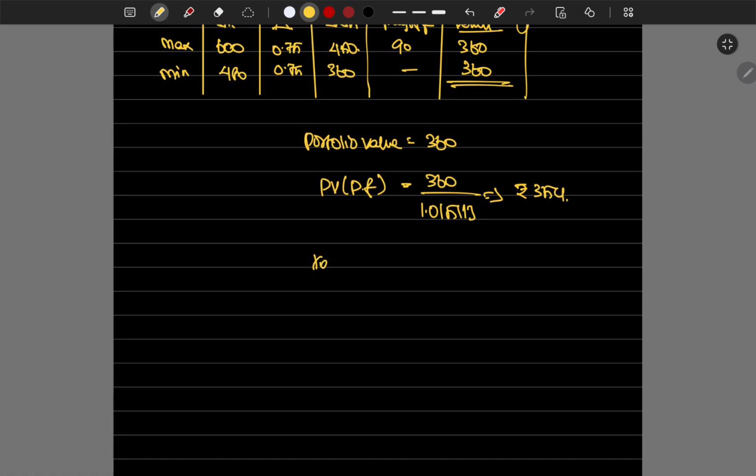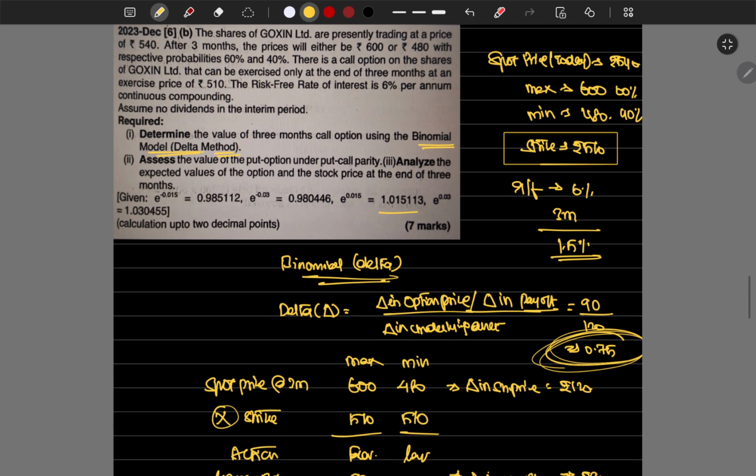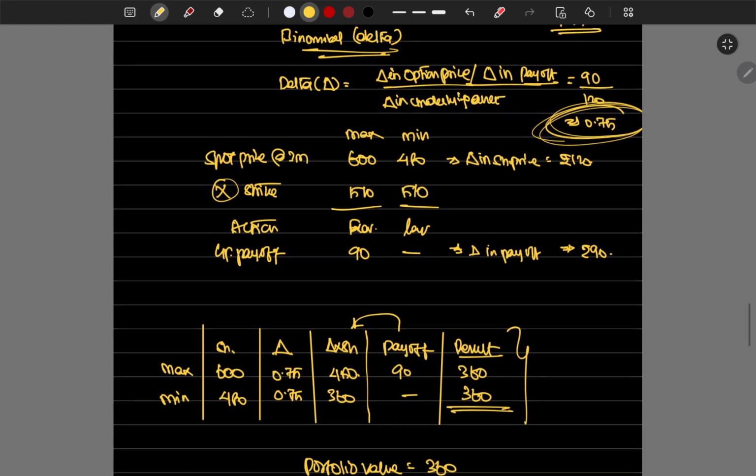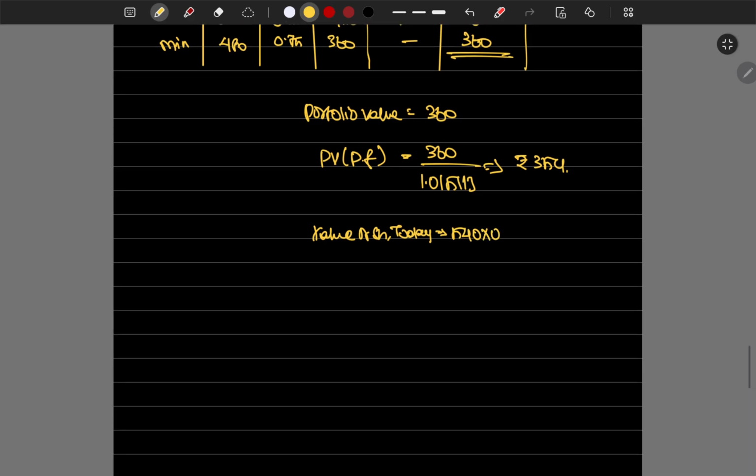Okay, what's the present value or value of shares today? Share value today is 540. Multiplied with delta, 405. Okay, delta is like the portion of the entire share price today.